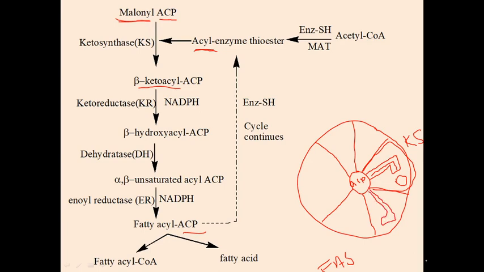Suppose this is the ketoreductase domain. Here beta ketoacyl ACP is converted to beta hydroxyacyl ACP. Further, ACP will take this beta hydroxyacyl ACP to the dehydratase domain, where dehydration occurs, removal of a water molecule, and the product formed is alpha beta unsaturated acyl ACP.